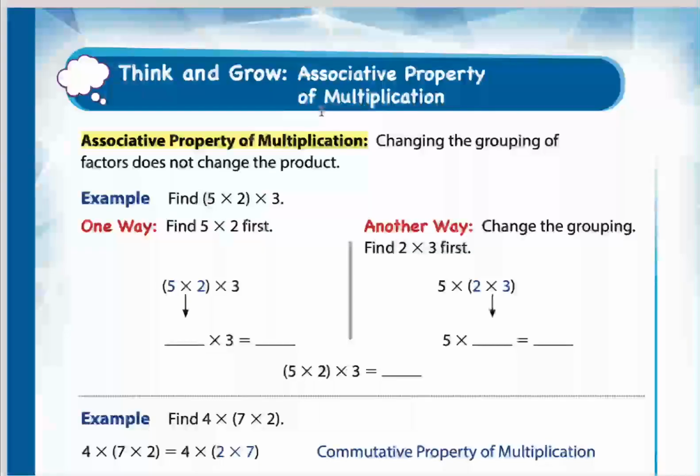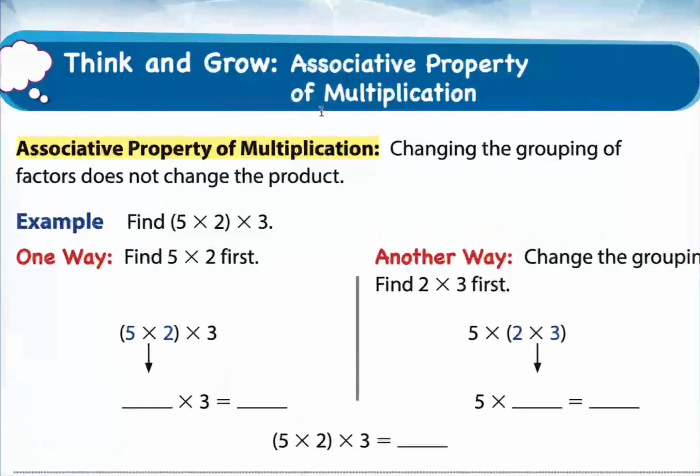So, what is this associative property of multiplication? Changing the grouping of factors does not change the product. As we see in the example, if we change the grouping, what is the meaning of the grouping? You can multiply the first and the second, then multiply the third.